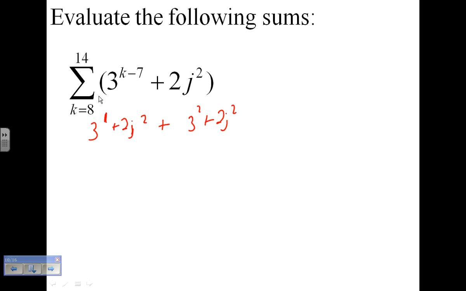I'm just putting 8, then 9, then 10, then 11, then 12, then 13, then 14. So it doesn't take that long. Plus 3, turns out it's going to be cubed when I put in 10, plus 2j squared. And then you get 3 to the fourth plus 2j squared.